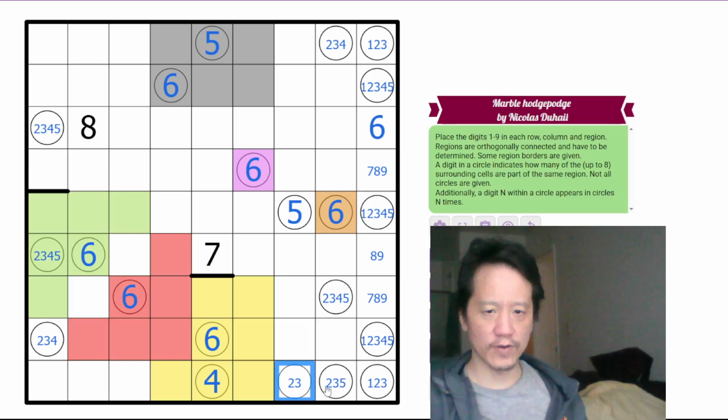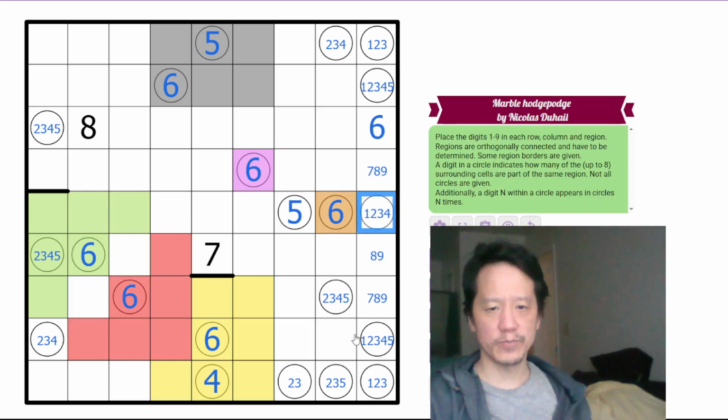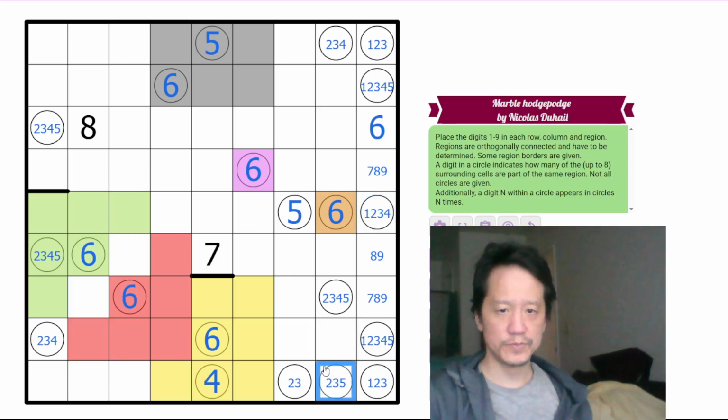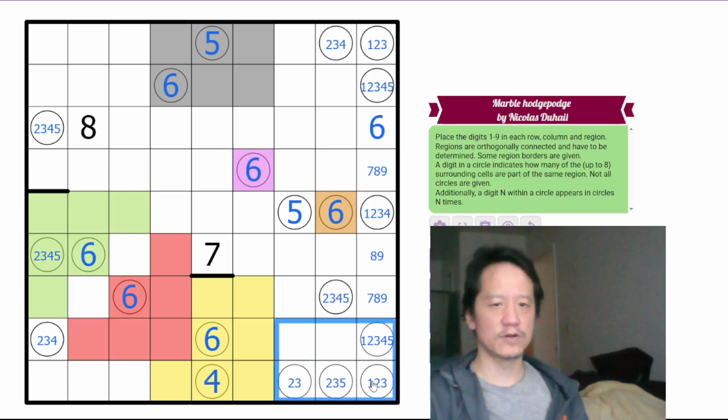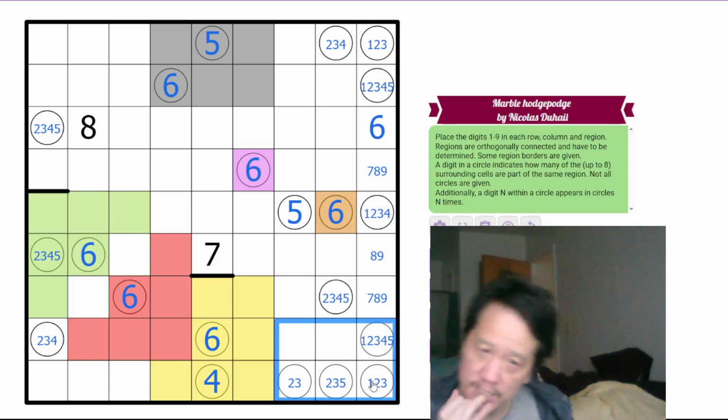This cannot be 5. This could be 5 here. That's possible. Or this could be 5. That's fine. So 5 could not be here. One of these two is a 5. If this were 5, it would be 5 by itself here as a blue. That seems fine.